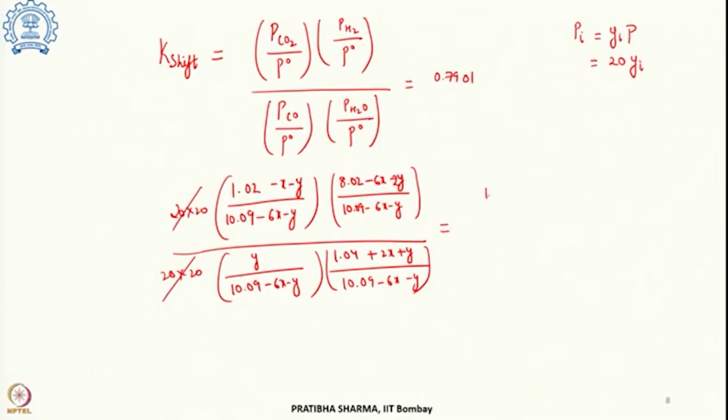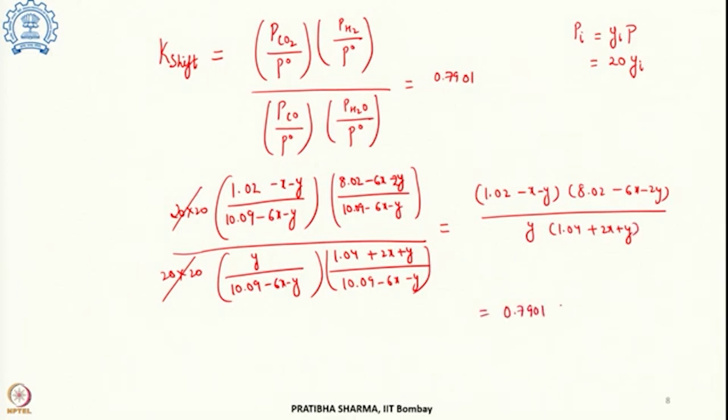And that gives us (1.02 minus x minus y)(8.02 minus 8x minus 2y) divided by y(1.04 plus 2x plus y), and that is equal to 0.7901. So these are the two equations, equation number 4 and equation number 5, that we need to solve simultaneously.